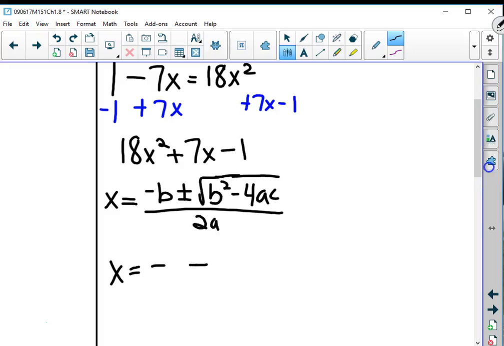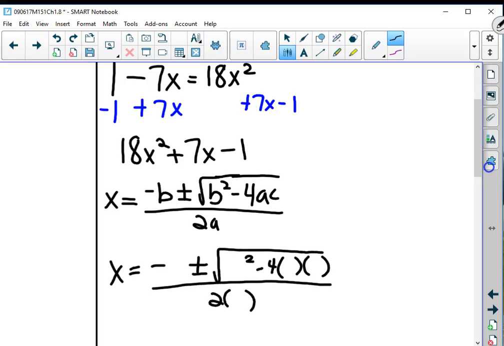Plugging in my numbers. All right, a, b, c. So b is 7, a is 18, and c is negative 1.